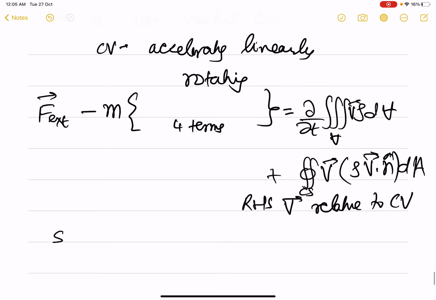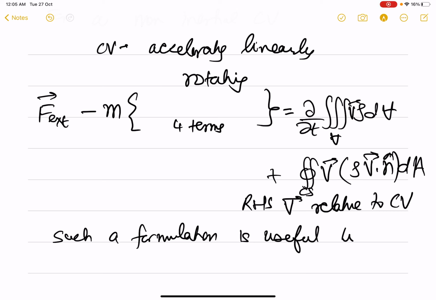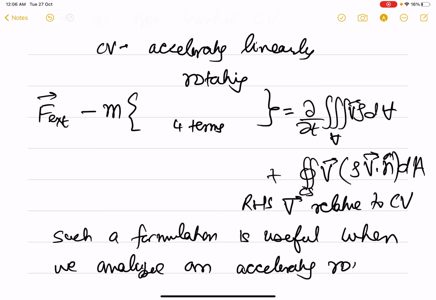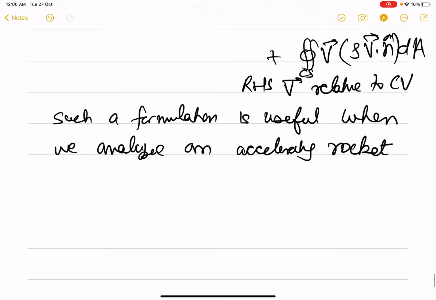And such a formulation is useful when we analyze an accelerating rocket.